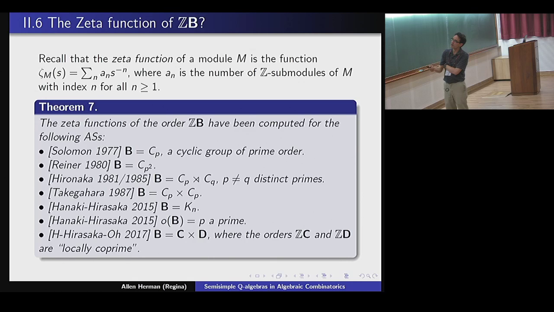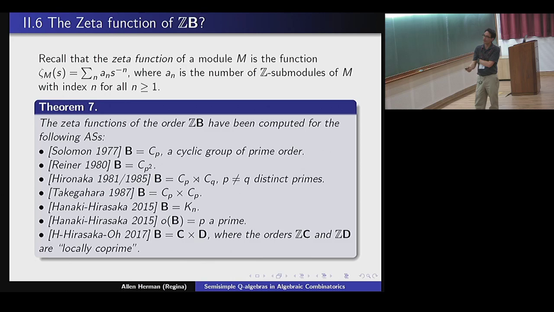The paper by Takahara is quite interesting because the result is so surprisingly complicated. That's why these are differentiated. Nakai and Hirasaka did the complete graph in a few other cases in a 2015 paper, and the prime case.